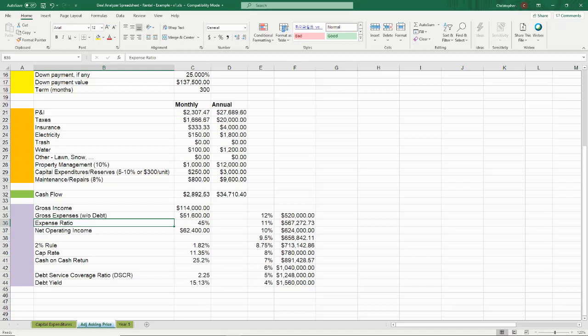But as an indicator for multifamily apartment buildings, 50% or a little less are a good indicator. If we looked at this and the real estate asset showed an expense ratio of 15, 20, 25%, that would be an indicator that that may be good, but it's probably an indicator that something's missing. Something's wrong with the valuation done here.